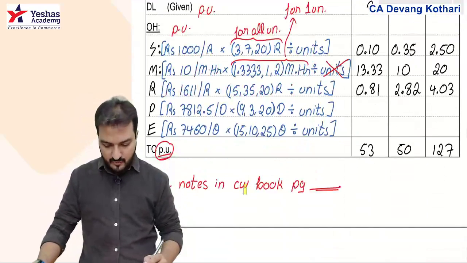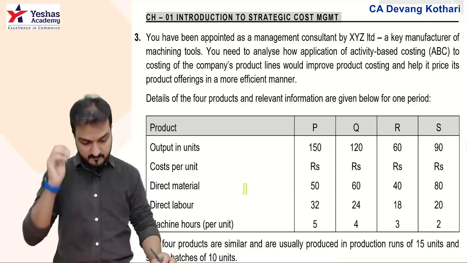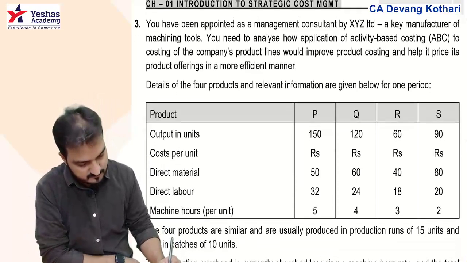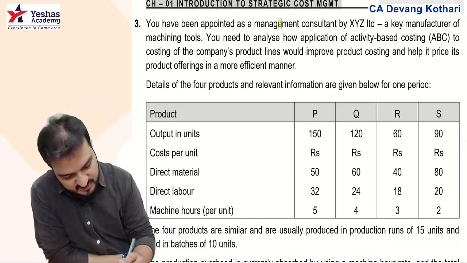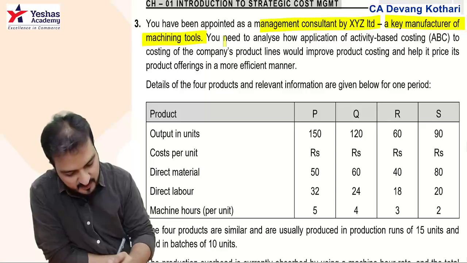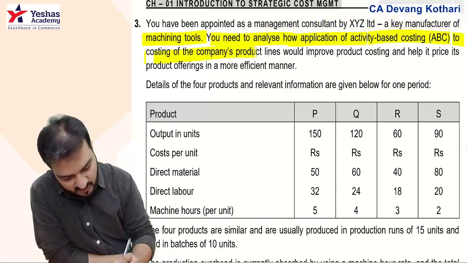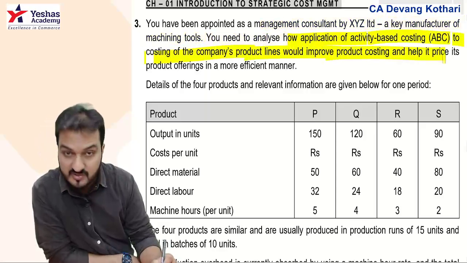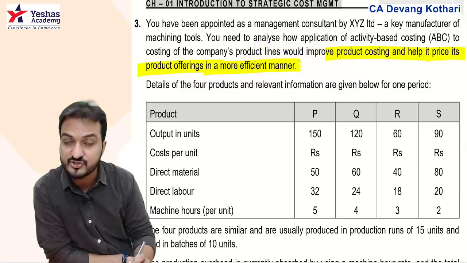Page number 1.26, question number 3. We'll read together. You have been appointed as a management consultant of XYZ Limited, a key manufacturer of machine tools. You need to analyze how application of ABC method to the costing of the company's product lines would improve product costing and help it price its product offering in a more efficient manner.